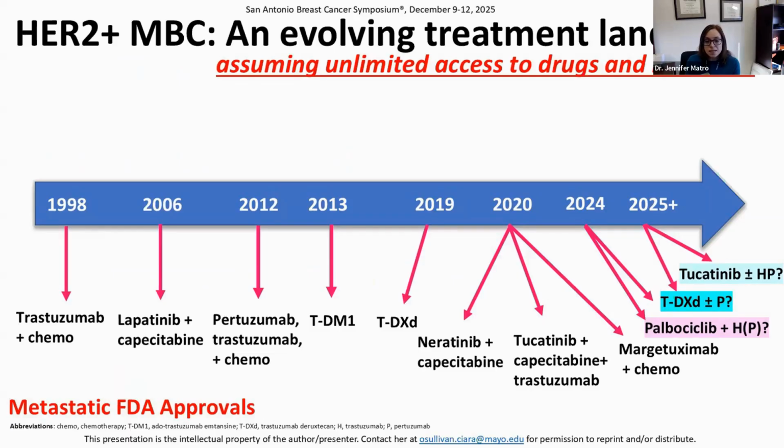We had Kadcyla, we had Enhertu, we have tucatinib, and then we have a bunch of newer combinations that have come out just in the last year, and how we're treating this type of cancer has changed from December of 2024 to June of 2025 to December of 2025 to now. So it's all changing and all really for the better as we have more and better treatment options.